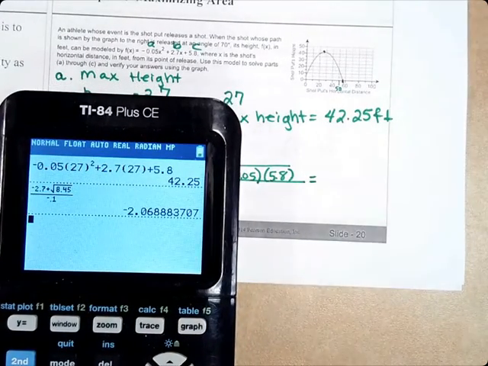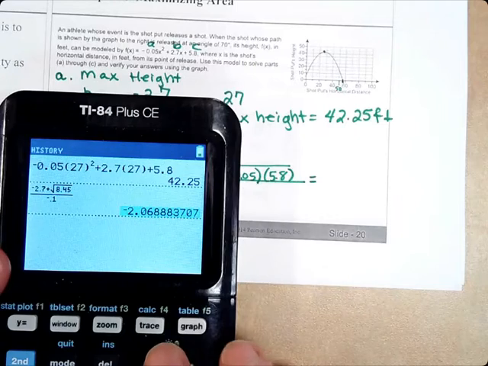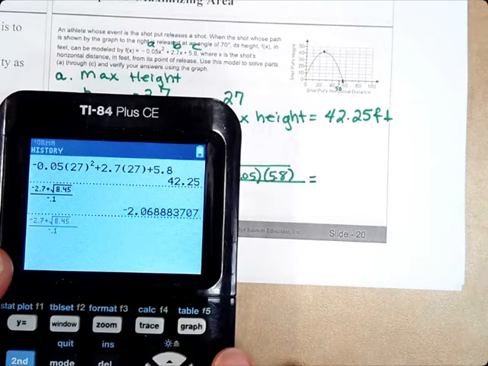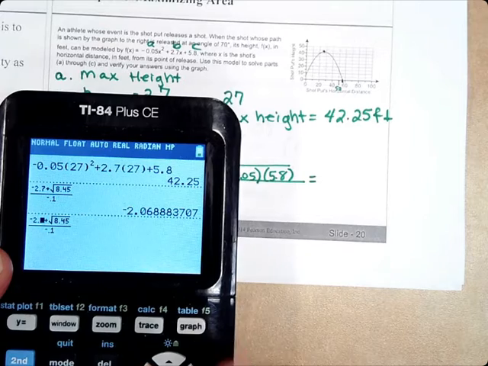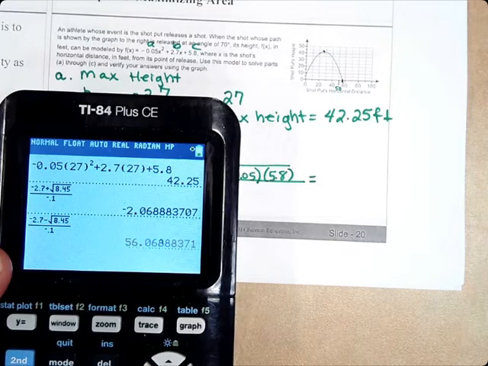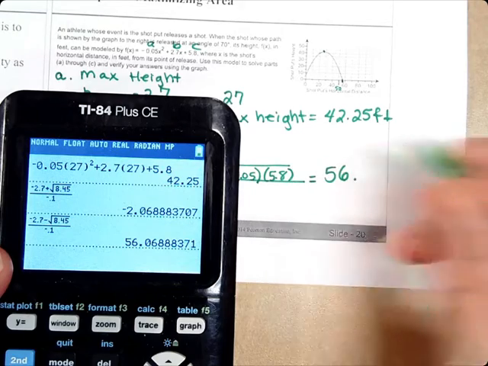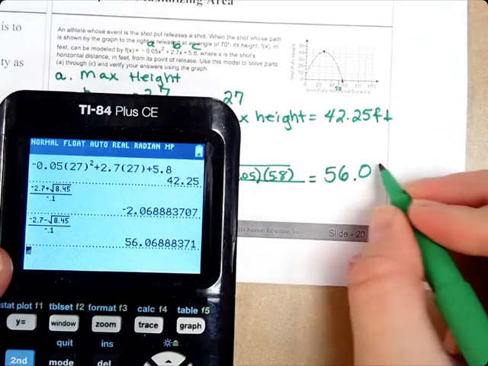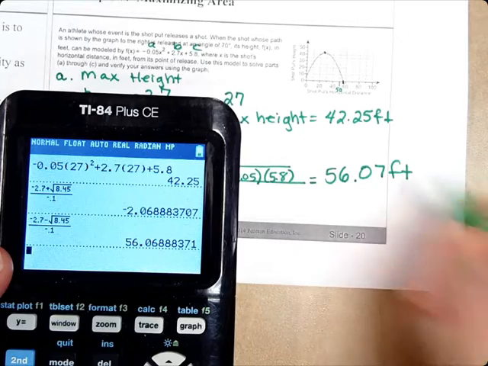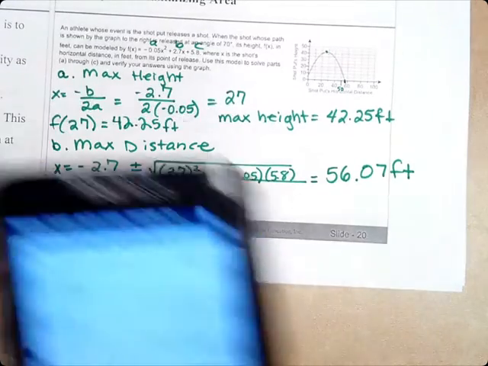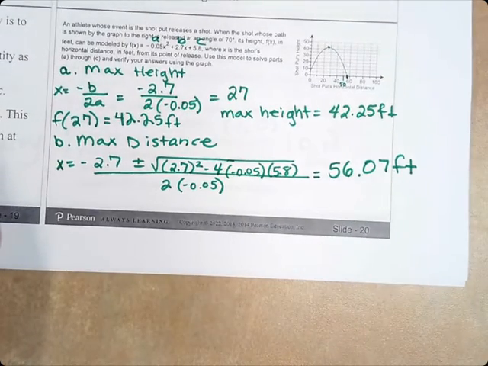That one is the negative number, so that one's not right. So I need to go up and change this. So this would be minus. 56.07 feet. Yeah, you were really close. Okay, so that's our max distance.